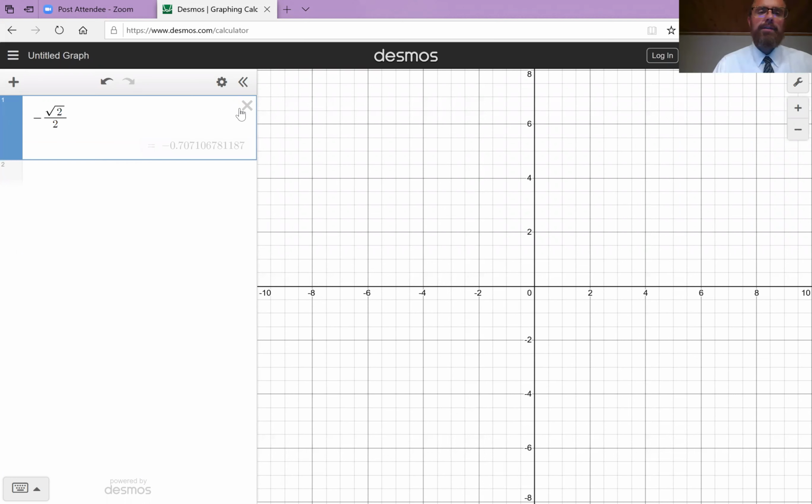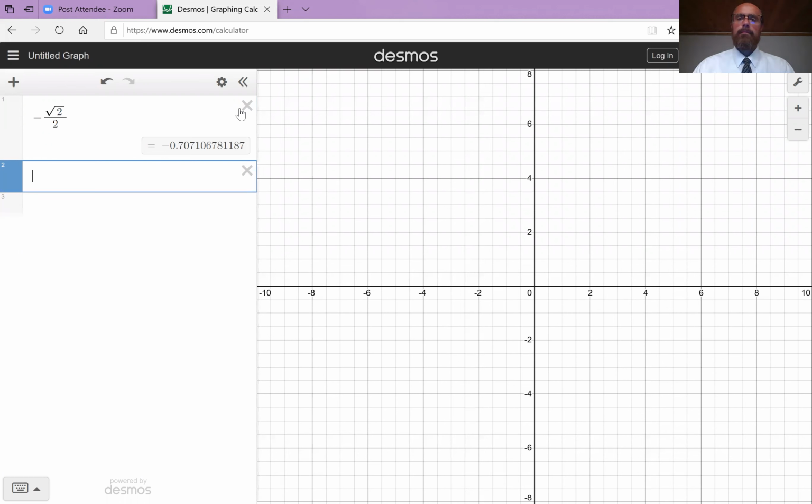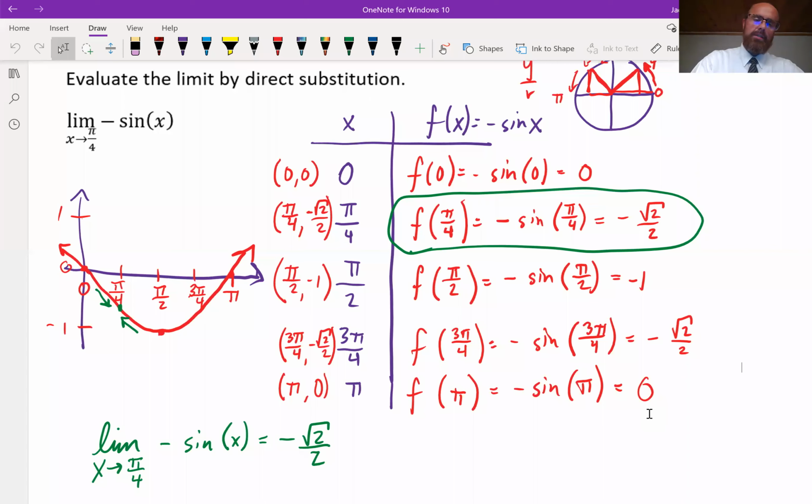And Desmos estimates that at negative 0.707. Okay, we'll head back to our note screen to finalize that answer. So that has the approximate value of negative 0.707.